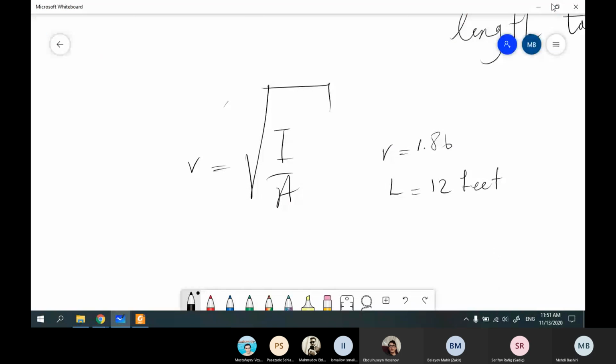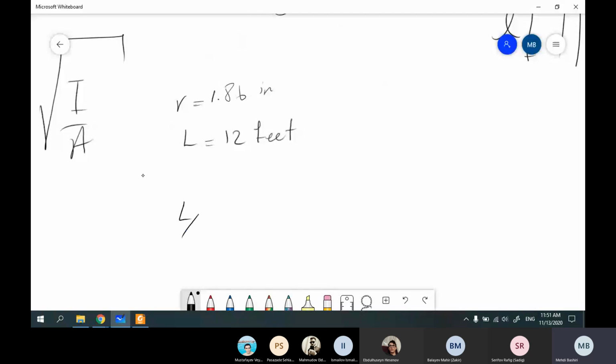So if I want to check slenderness ratio, L over R, what would be 12 dot 12 divided by 1.86?